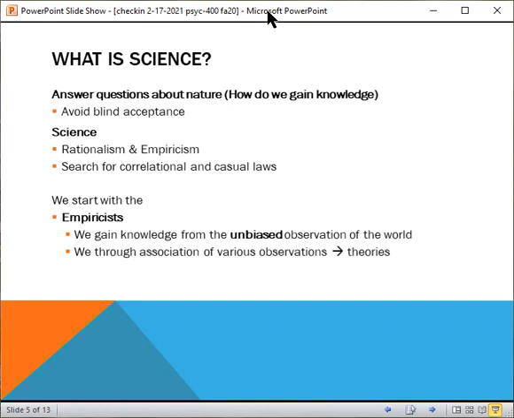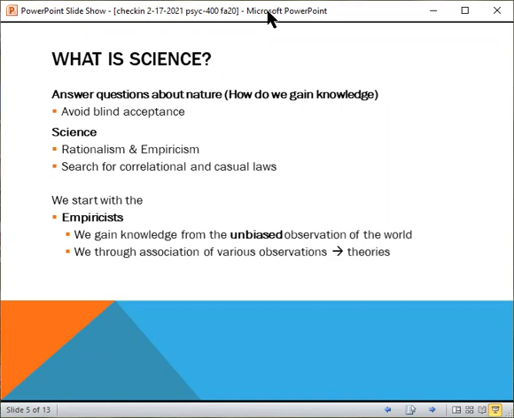So that's what science is for, to answer questions and to determine to some extent how it is that we gain knowledge. And that was basically the real question that early philosophers had as they tried to examine what science is and what it should be. And we have rationalism, which we'll see as you've read through the course, is about logic and rationale, that we can think things through logically.